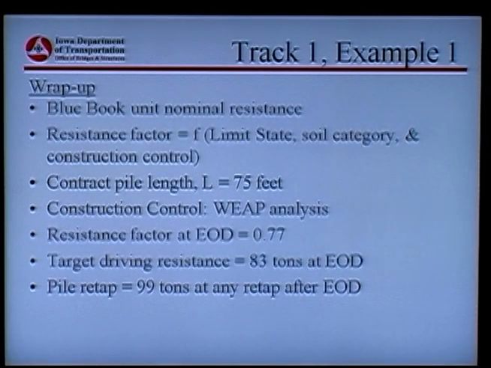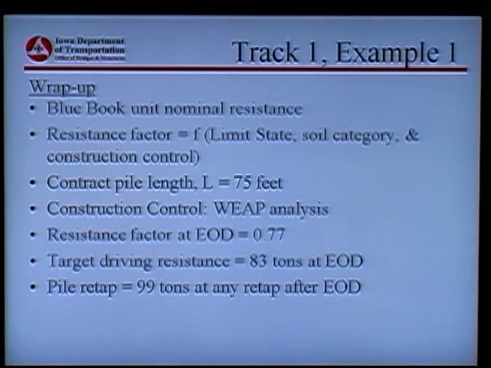We had a resistance factor. Remember that the resistance factor is a function of what construction control we're using, what type of soil, what limit state. We came up with a contract pile length, right? 75 feet, that includes the embedded length, the piece that we're cutting off, the embedded portion in the footer. We go into WEAP analysis for construction control.